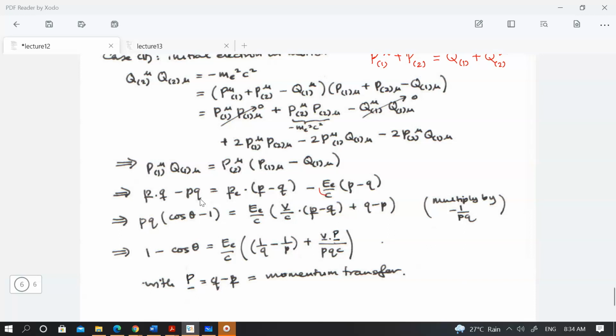This will be contracted with the three momenta of your photons here, so this will be P minus Q, and the fourth component will be just the magnitude P minus Q.